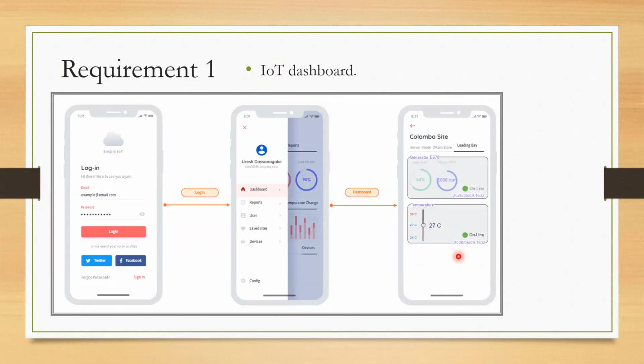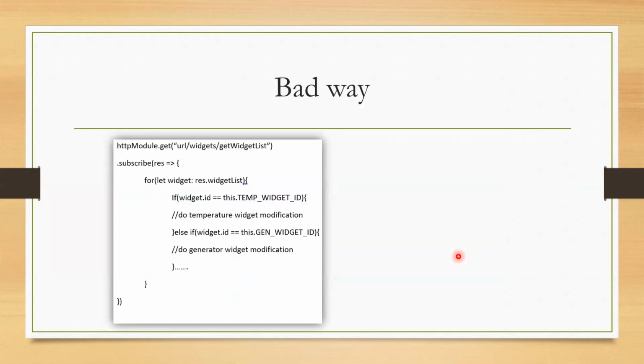There can be many, like CO2 measurements, humidity measurements. We are talking about ways of doing it, and we started with the bad way of doing it.